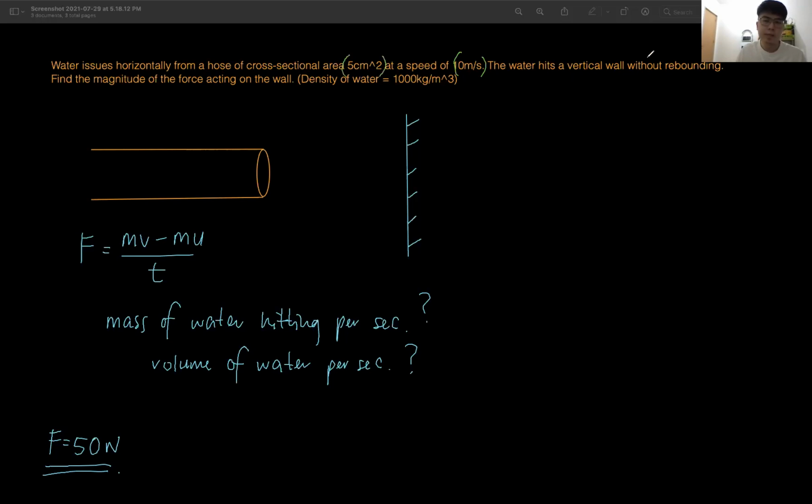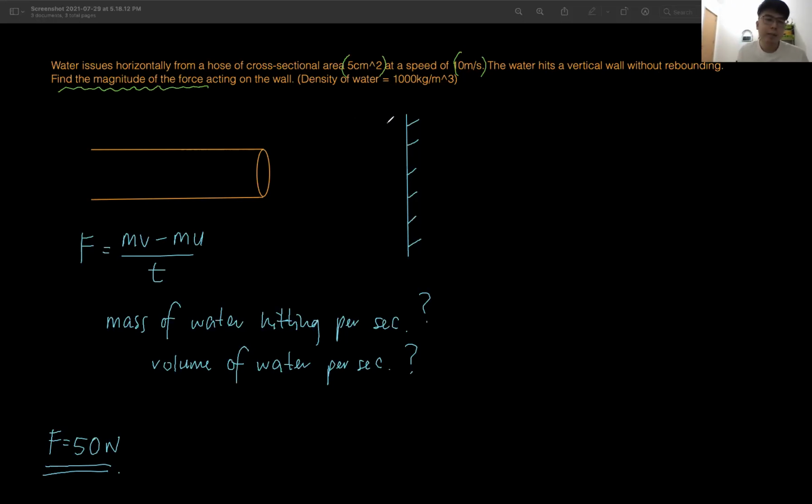The water hits a vertical wall without rebounding, meaning that when it hits, it stops there. Now find the magnitude of the force acting on the wall. So that's the impulsive force. Given the density is 1000.